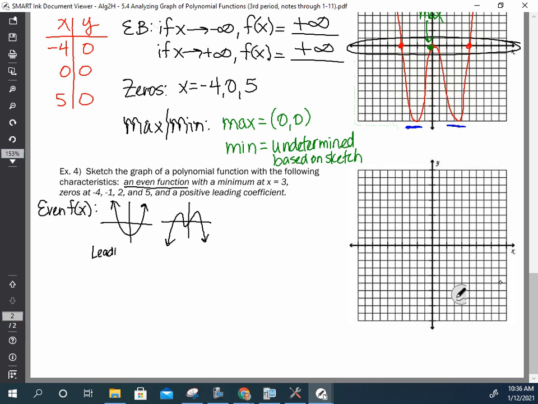If the leading coefficient is positive, that's how the graph would look. If the leading coefficient is negative, that's how the graph would look. So those are for even functions. An even function is something like x squared, x to the 4, x to the 6. Something raised to those exponents.